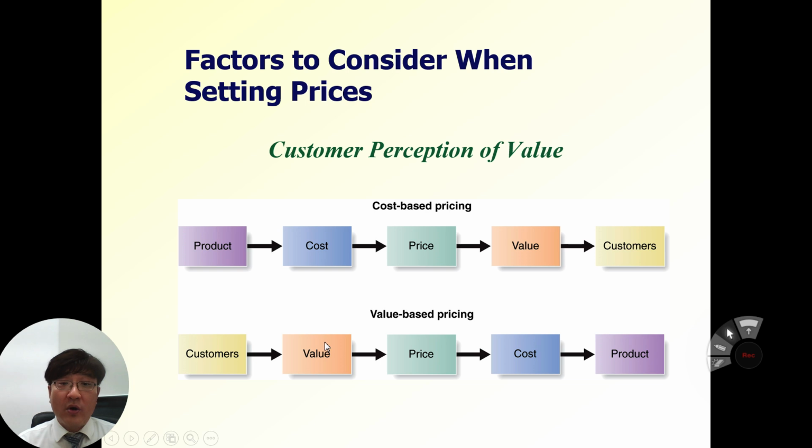Or if the customer's value perception of our product is not that high, then we cannot set the price too high. Then we have to get raw material or parts accordingly. We may pick some cheaper raw material or cheaper parts to secure our profit. Then finally we make the product.